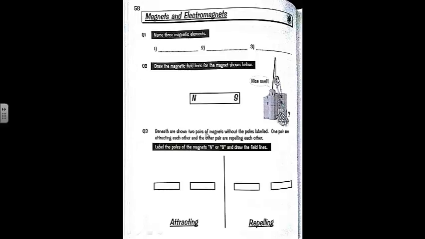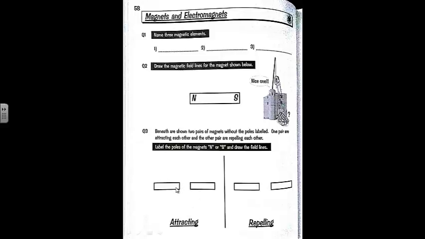Beneath are shown two pairs of magnets without the poles labeled. We have to label the poles of the magnets north or south. Draw the magnetic line across. This is not important. Those are attracting. Attracting means they pull together, so those two poles must be unlike.